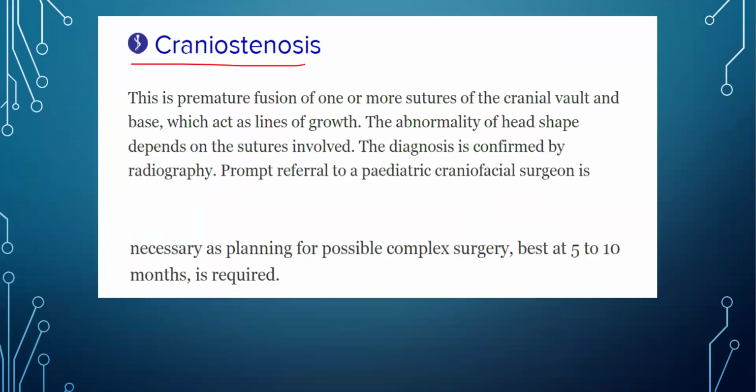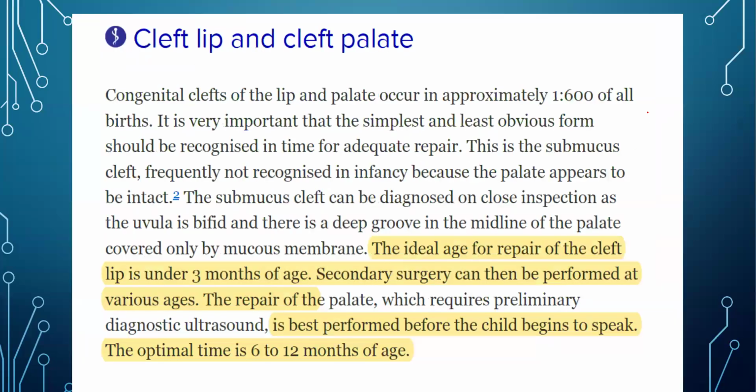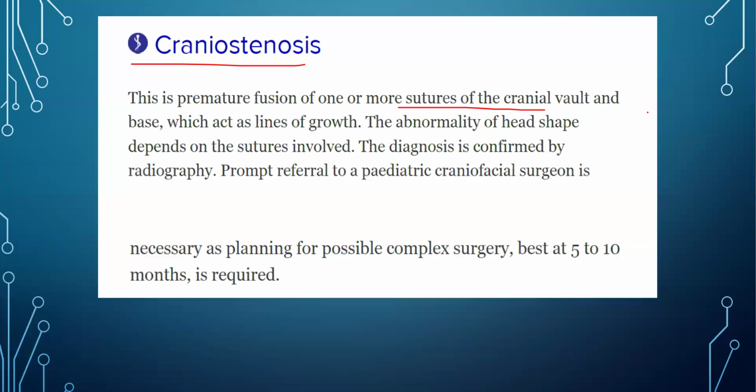Next, craniosynostosis. Craniosynostosis is a premature fusion of the sutures of the cranium. All of you know that children have sutures in their skull, and at some point in their life, between 12 to 18 months, those sutures should fuse.